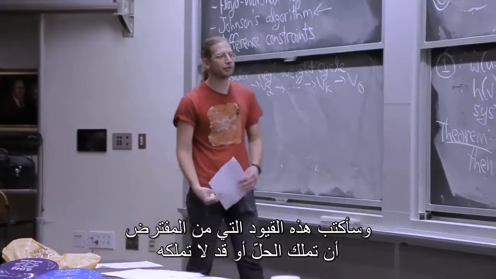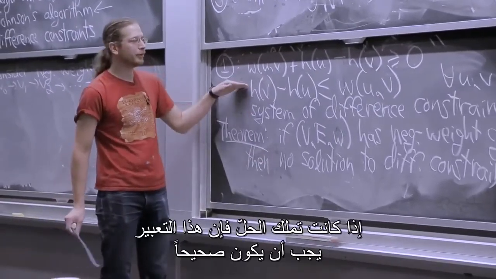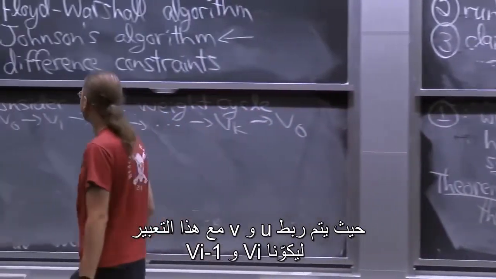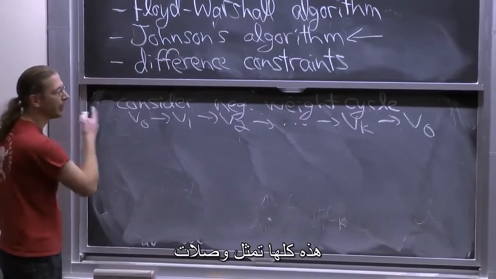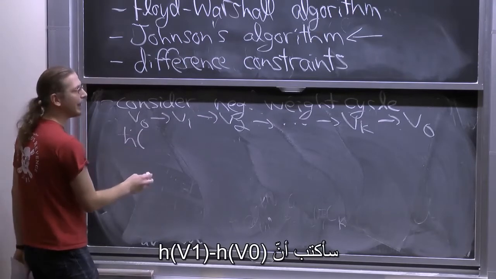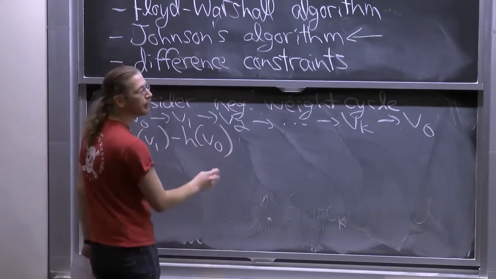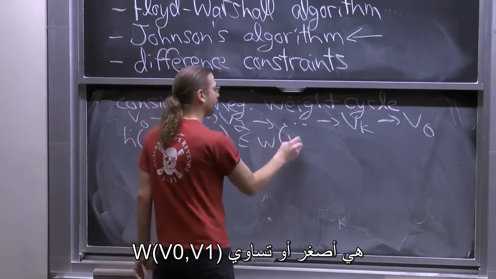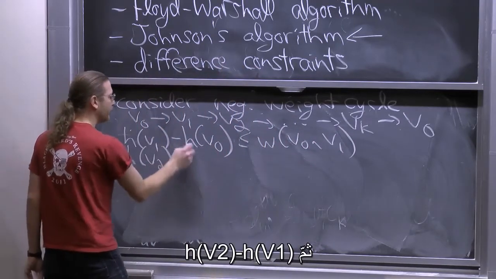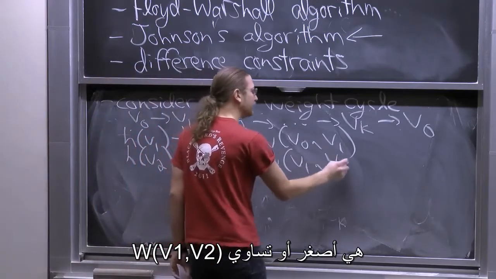And now I'm just going to write down these constraints, which are supposed to have a solution, or maybe they won't. So if it has a solution, then this must be true, where u and v are plugged in to be vi and vi minus 1, because those are all edges. So I'm going to write h of v1 minus h of v0 is less than or equal to w of v0, v1. And then h of v2 minus h of v1 is less than or equal to w of v1, v2.